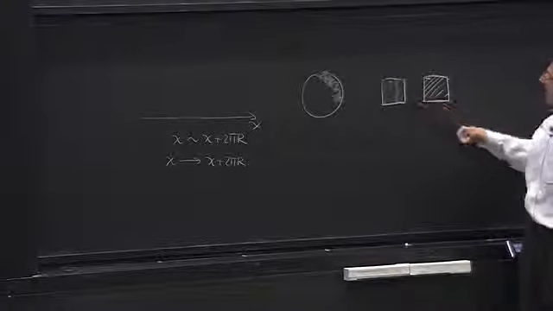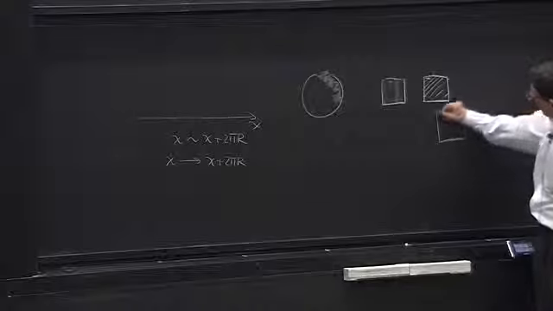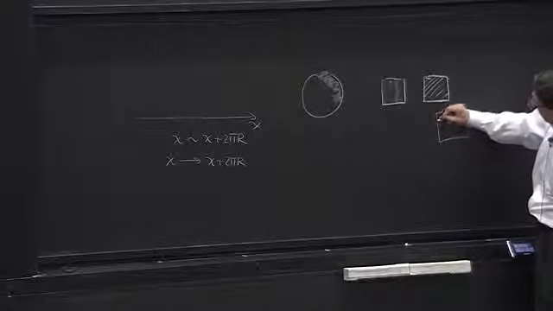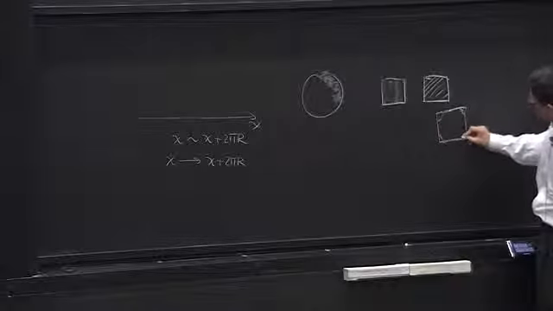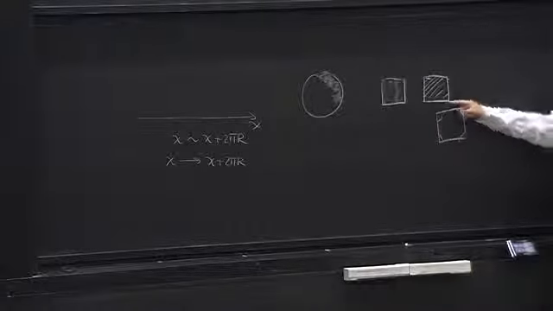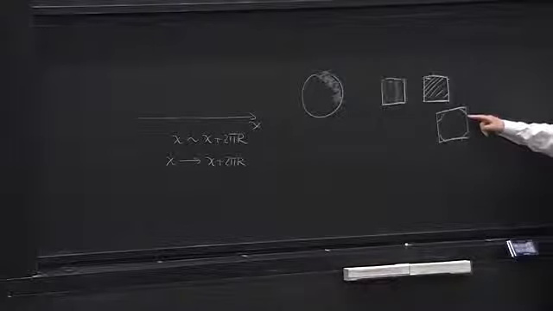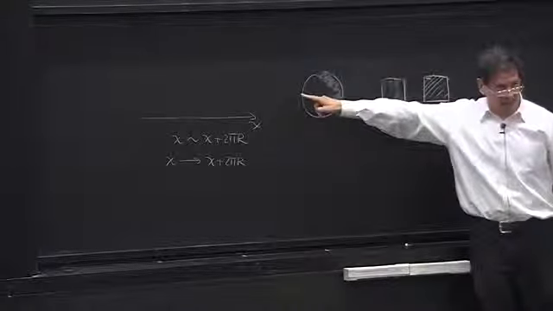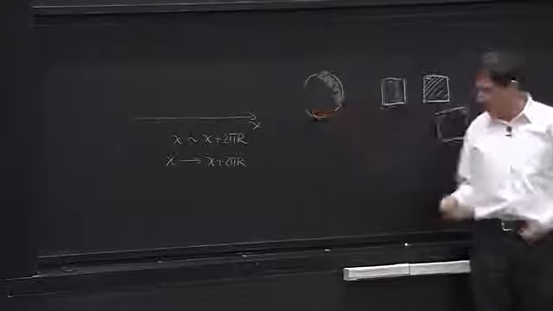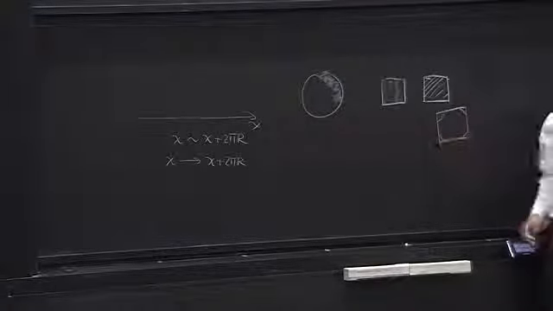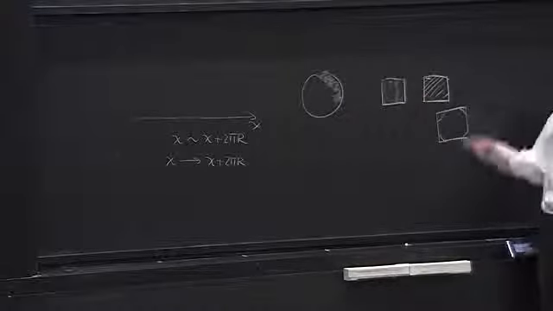If I had to draw it, I would draw it like this to reflect the fact that you have a square pillowcase. This is topologically the same as a sphere. You blow it with air, stretch it, erase the kinks, and you get a sphere.